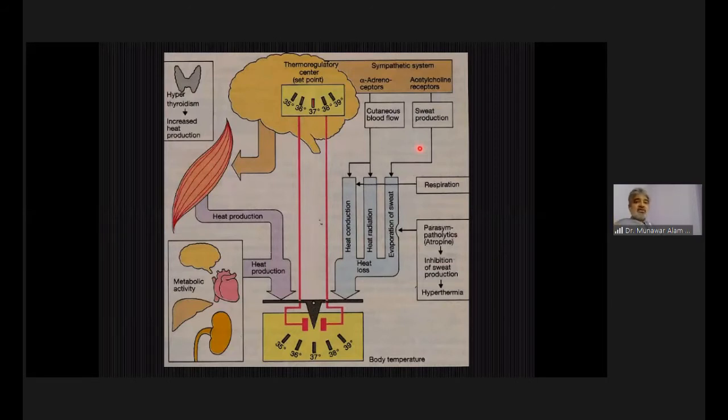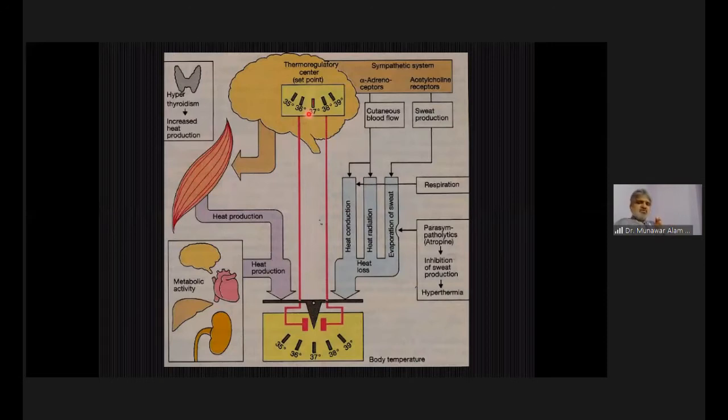Our set point is 37 degrees centigrade, so our body temperature is maintained at 37 degrees centigrade. In the cold season, when the external environment is cold, our body temperature goes below 37 degrees centigrade.